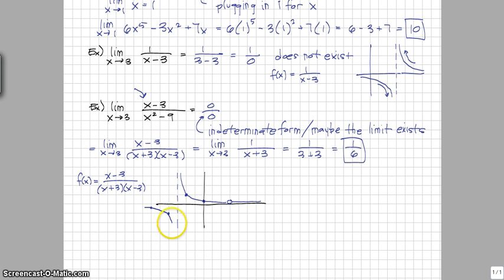Over here on this side, we've got something that looks like that. So for this function, we have a hole in the graph, and before we didn't really know where to put it, but it turns out that our output should be right here at 1/6.